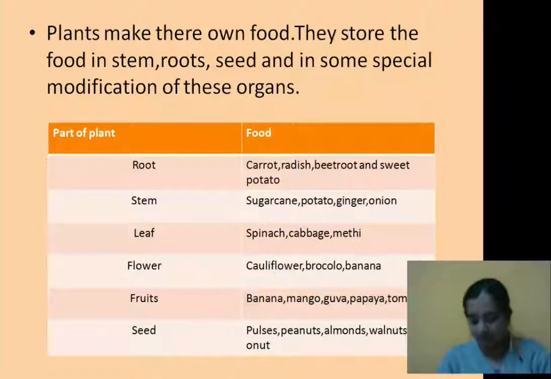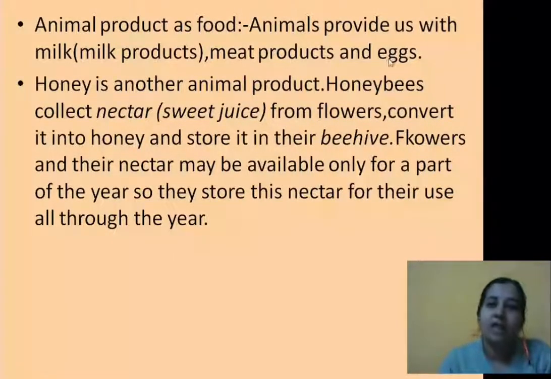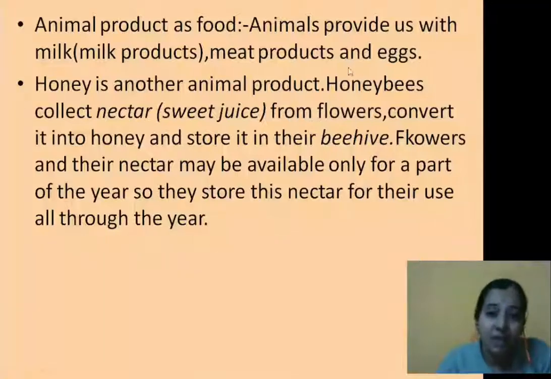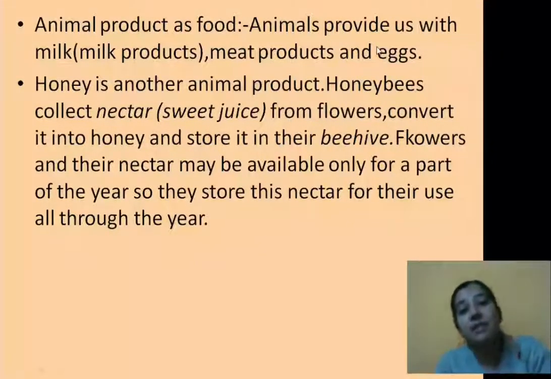Now next comes animal products as food. Animals provide us with milk, and from milk we prepare different milk products, meat products, and eggs. These are mainly your animal products.